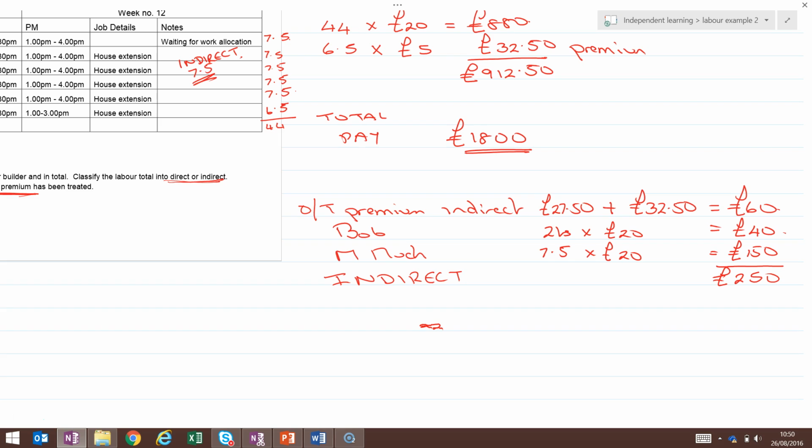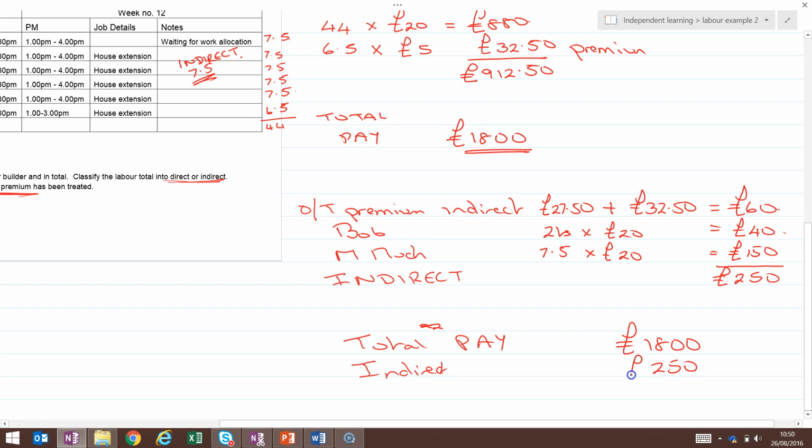So we can either work it out looking at the hours, or the easiest way is we know total pay is £1,800. We know that indirect is £250. So if we take that away, what's left, £1,550 is the direct labour.